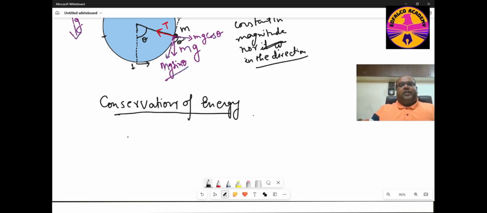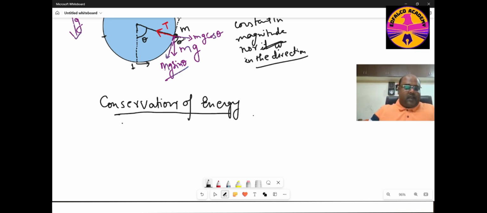Now, when does the energy get conserved? As the word says, conservation of energy means that the energy is not going to change. The body is not being added with any external work, or any kind of work is not taken out. So there is no input or output of energy from the existing system. Therefore, the energy is getting conserved. What is the meaning of this?